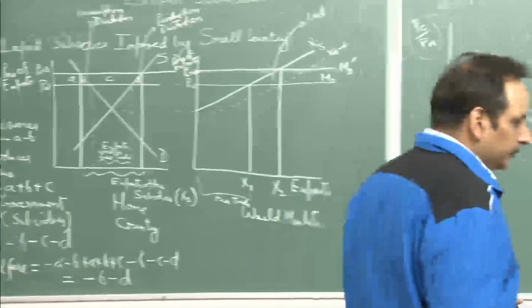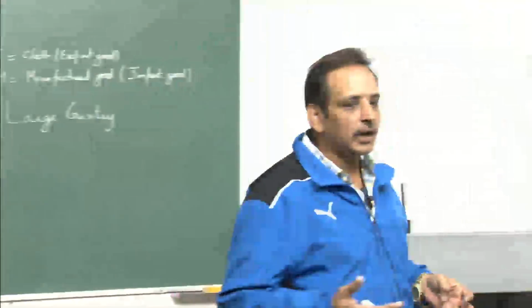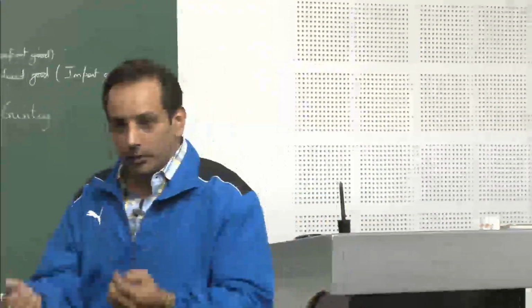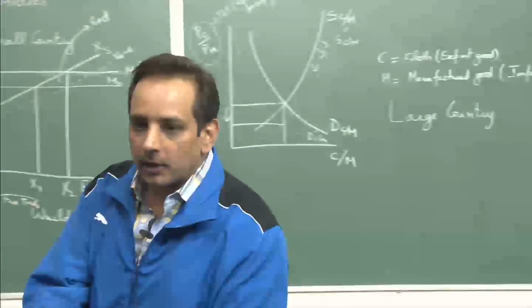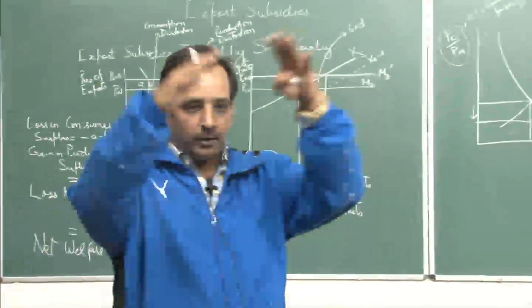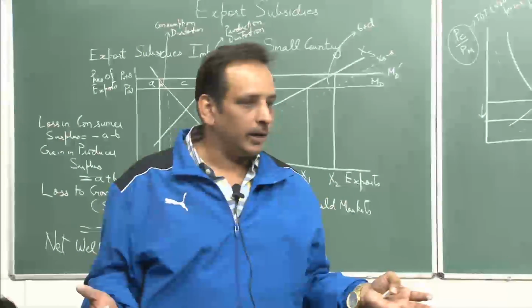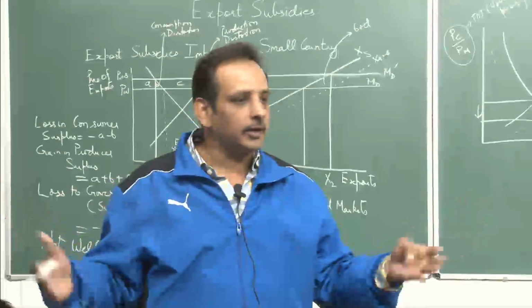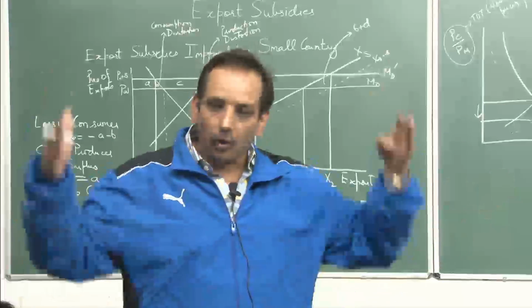But the common man's understanding is that export subsidies are good. They are good for the producers, but at the end the nation as an entity, or the world welfare also, goes down.